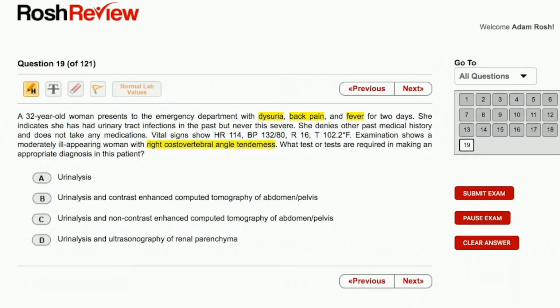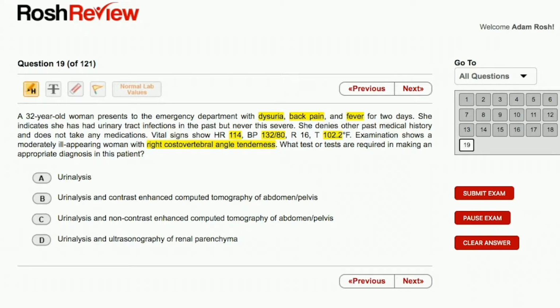So this looks like a urinary tract infection with dysuria and back pain, but it's more than just a simple cystitis because she has fever and right costovertebral angle tenderness. We see here that she is febrile, but the blood pressure is still stable. And she's a little tachycardic, which is going to be from the elevated temperature and possibly some mild dehydration, but we have no evidence of that in the vignette.